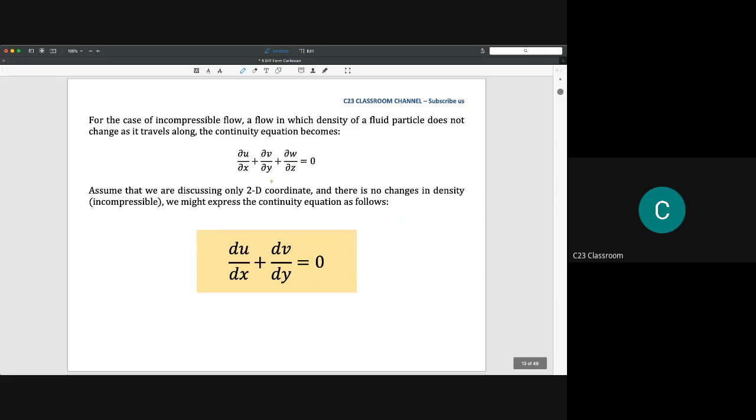And then again, if your problem is two-dimensional, meaning there is no z here, we could say that dw over dz, the changes of velocity in the z-axis, remains constant, so it becomes 0, meaning no changes at all. So it becomes 0, and then it can be simplified as this one.